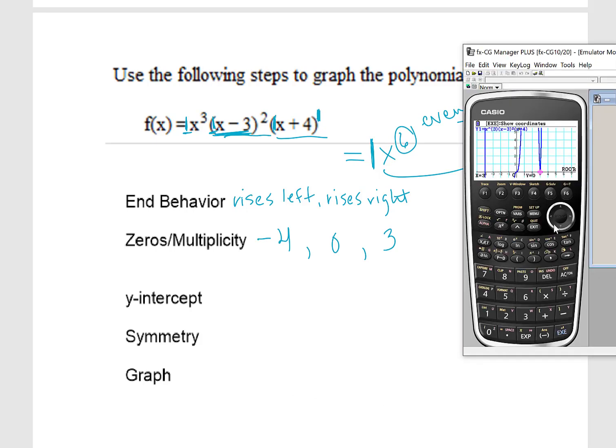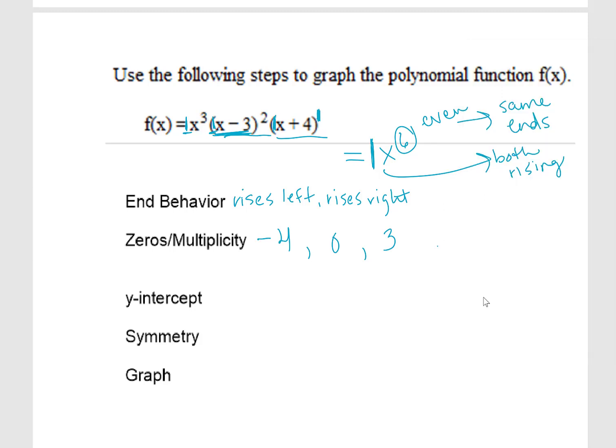I actually think I'm missing something. Oh, no, that's all of them. Okay. So, how many times does -4 happen? One time, right? It actually came from that one. So if we would have set that equal to 0, that's where I got my -4. The multiplicity is 1. Okay? The multiplicity of 0 is 3.